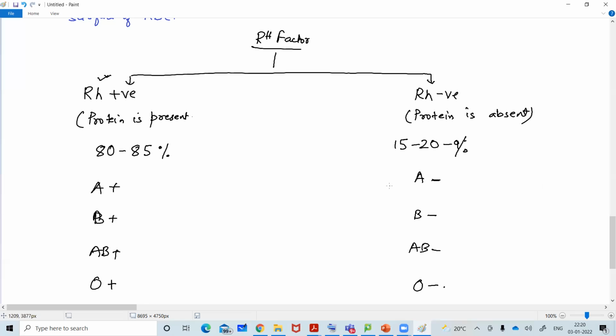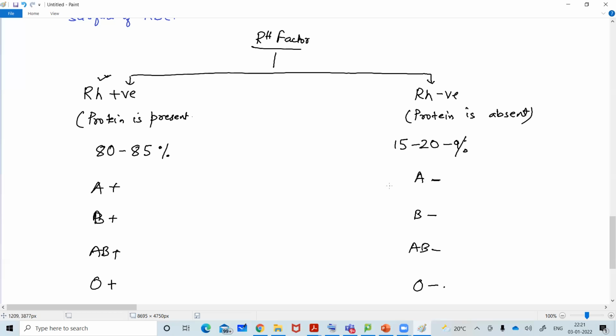Now, if you have to tell me which is the universal donor here, O negative, because O can give to the positive also and the negative also. And which is the rarest blood group here? It's either AB negative or O negative.